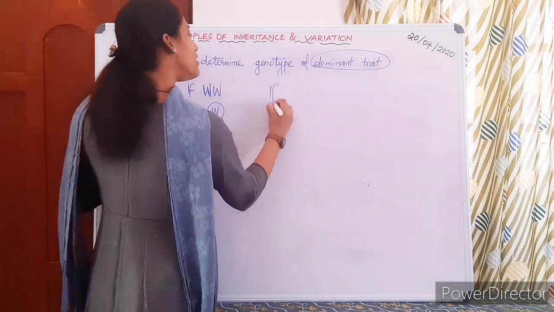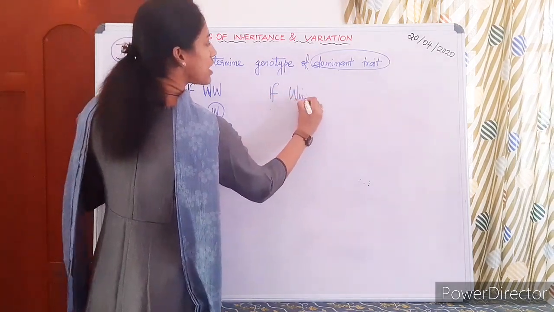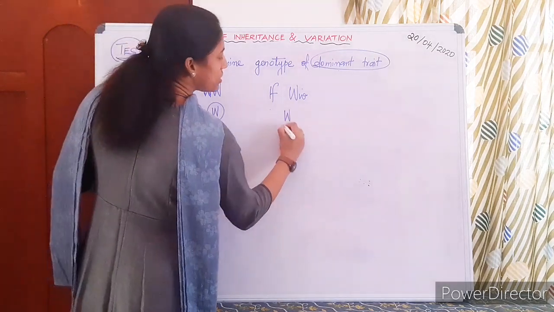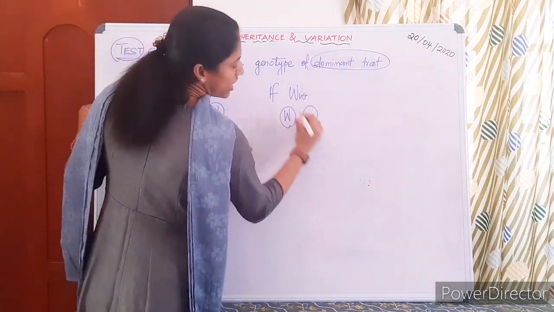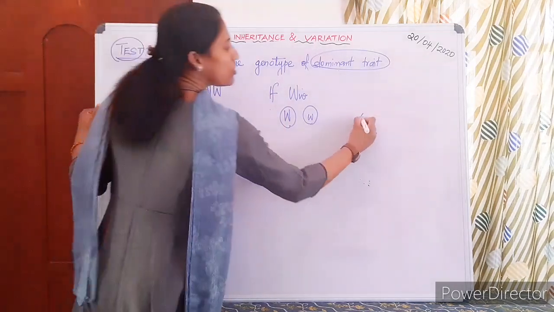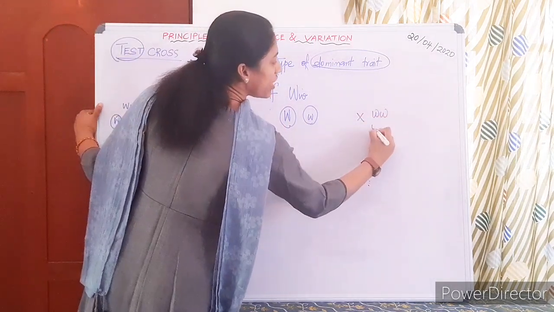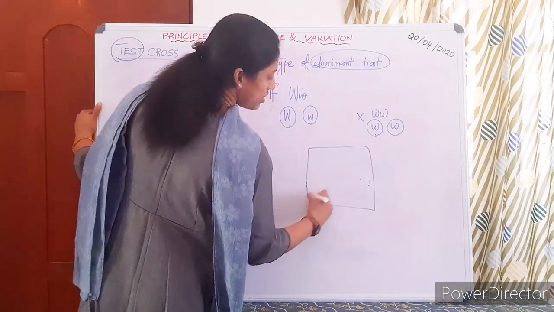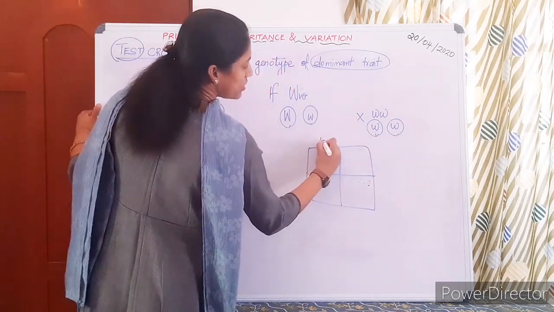Suppose the genotype of the plant is capital W, small w, what will be the case? It will produce gametes like this. When it is crossed with recessive, the gametes are small w. So here it will produce what?